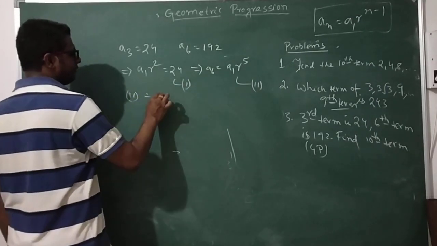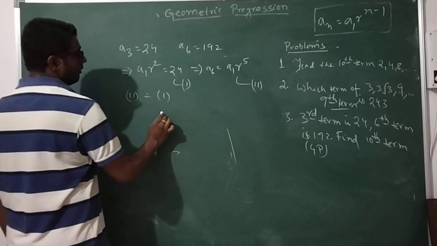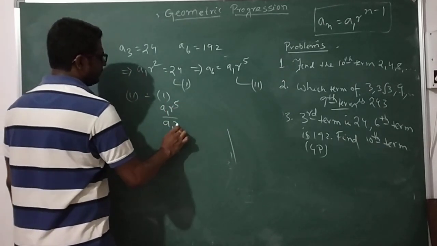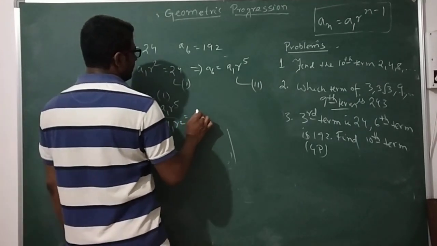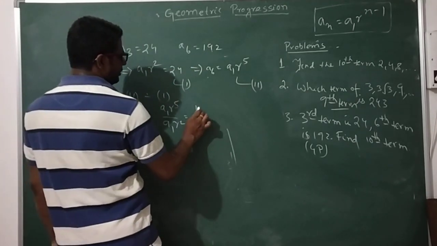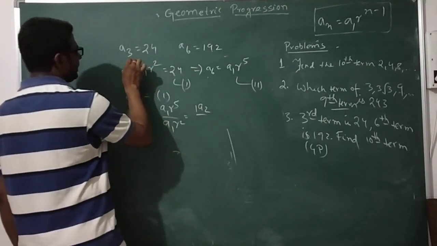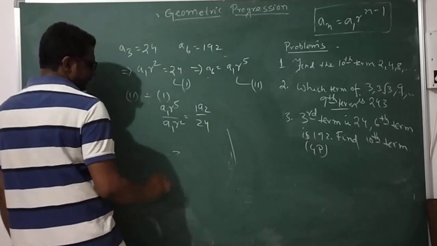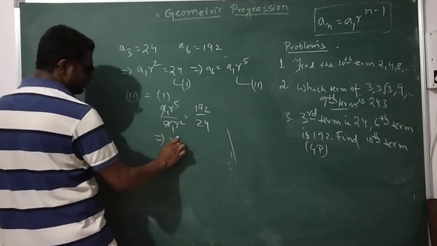Dividing equation 2 by equation 1, we will write A1 r to the power 5 by A1 r square will be equal to, now what is A6? 192. What is A3? That is 24. A1 will cancel out and this will be r cube.